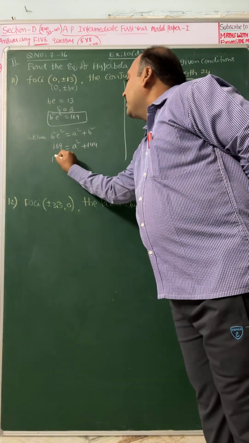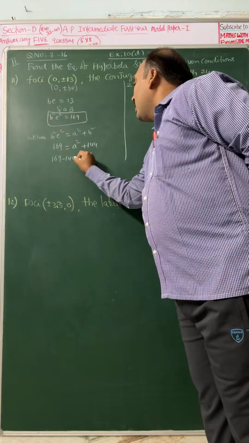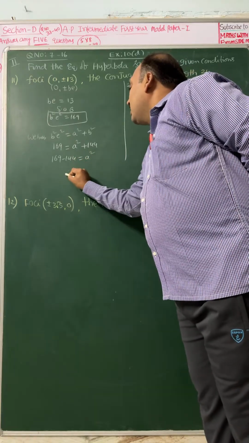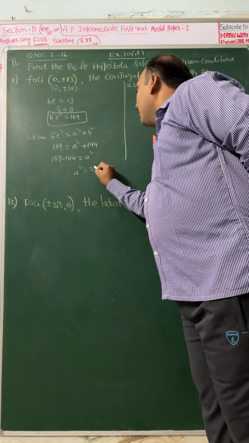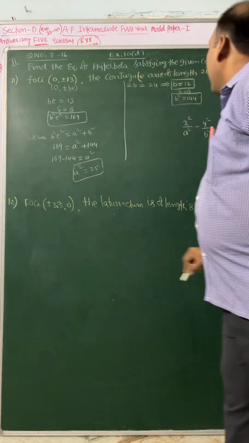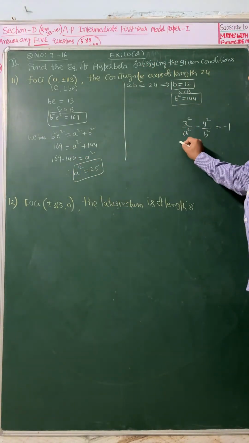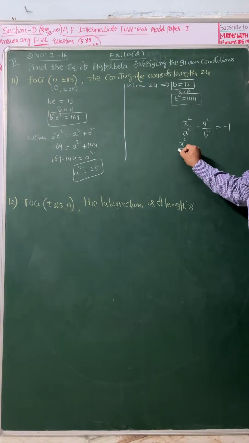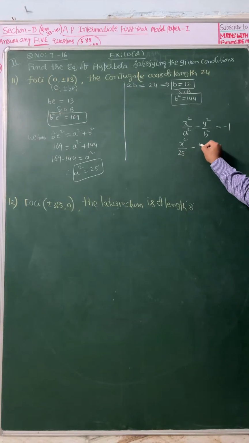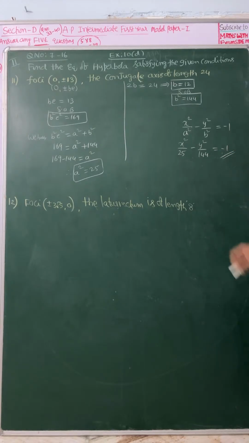This value bring this side. 169 minus 144 equal to a square. Therefore a square equal to 25. So a square value we got it, b square value also we got it. Substitute in this. X square by 25 minus y square by 144 equal to minus 1.